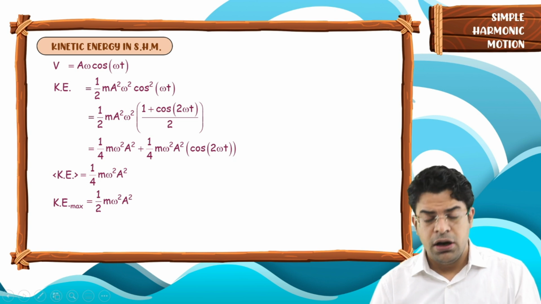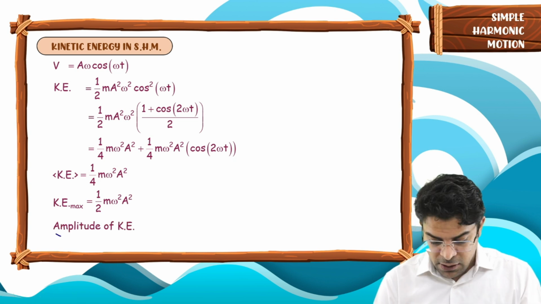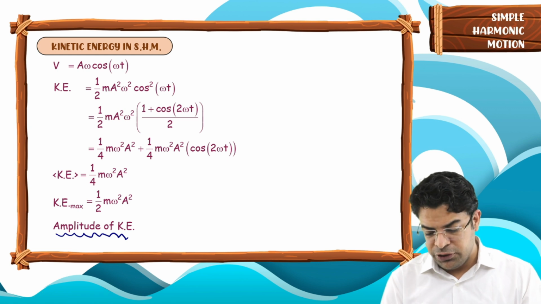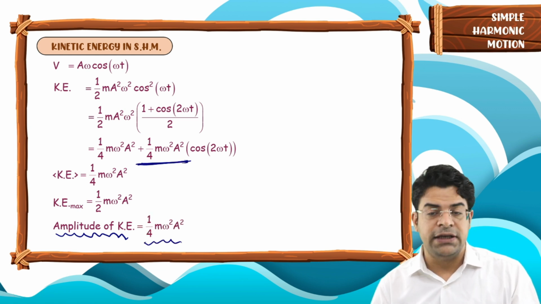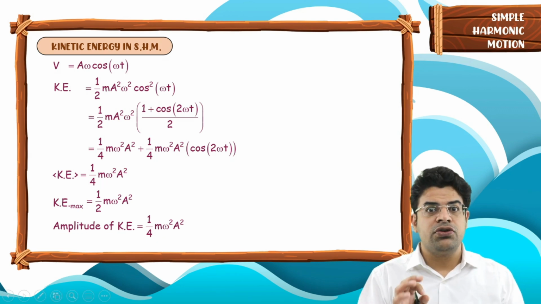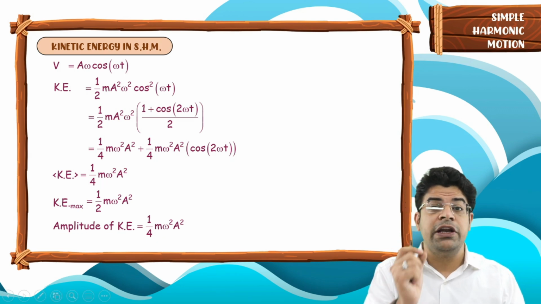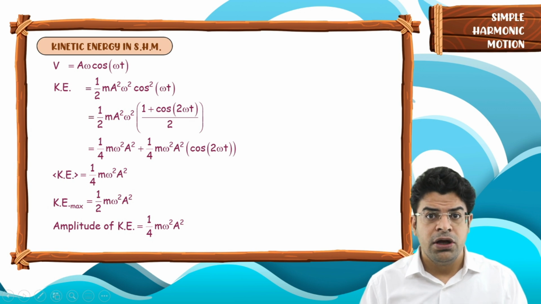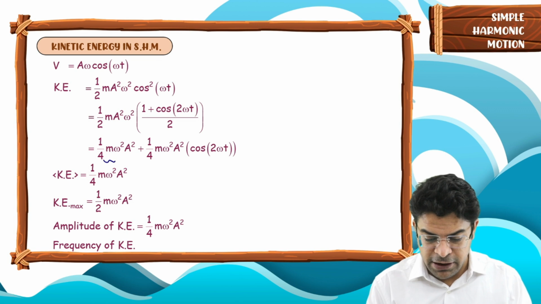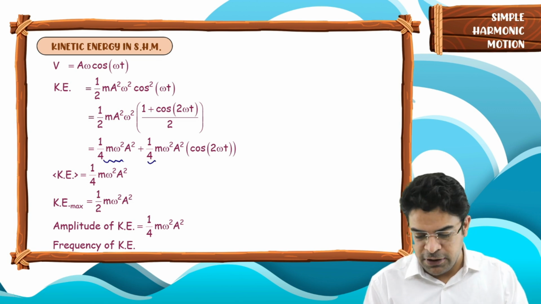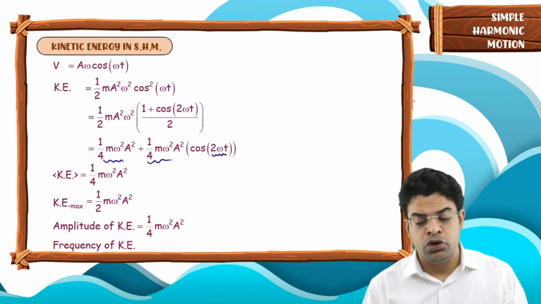Easy. Now, what is the amplitude of kinetic energy? Amplitude of kinetic energy is also 1 by 4 m omega square a square. Now the next question, what is the frequency of variation of kinetic energy? We have just learned that kinetic energy will be given by 1 by 4 m omega square a square plus 1 by 4 m omega square a square cos 2 omega t.